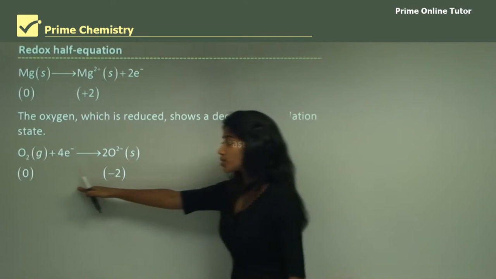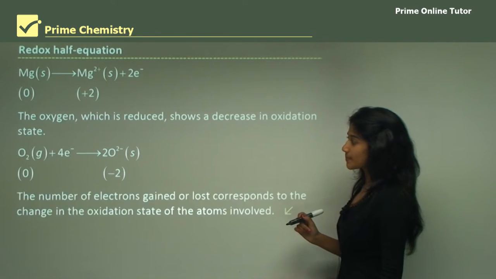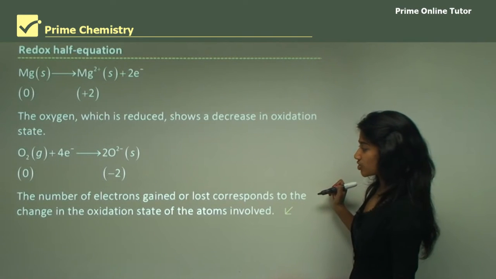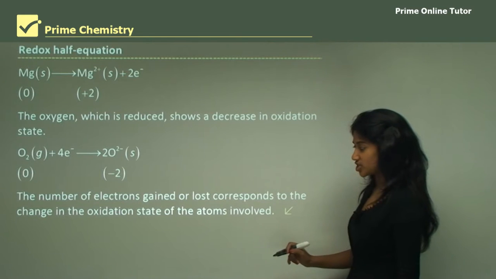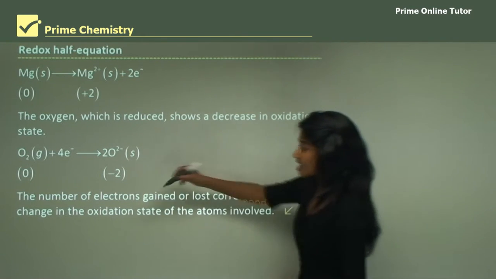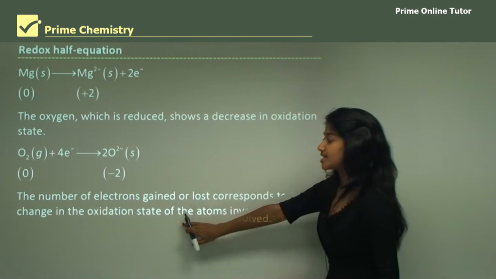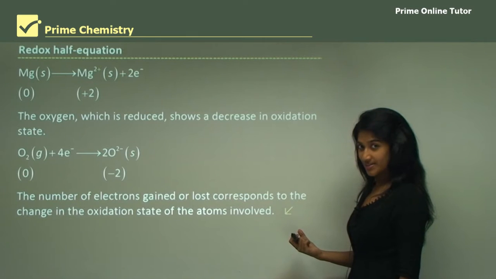That means it's decreasing, therefore undergoing reduction. The number of electrons gained or lost corresponds to the change in the oxidation state of the atoms involved.